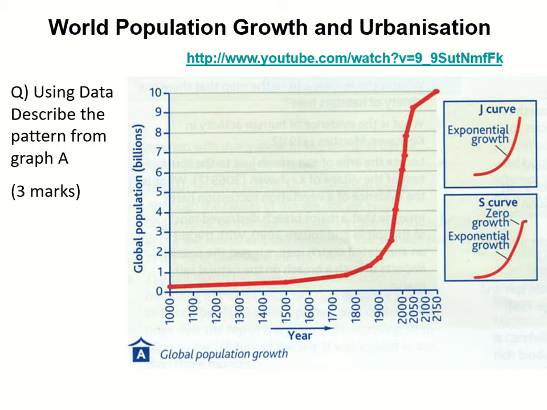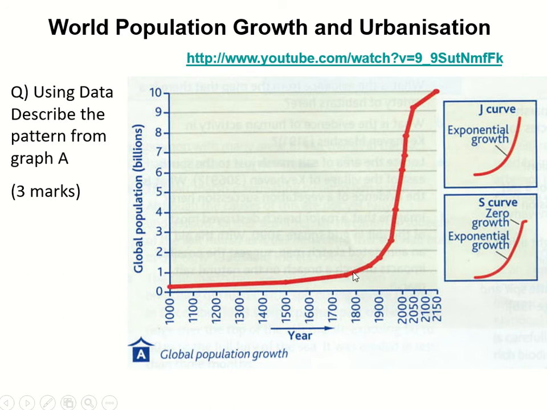Okay, so hopefully you pointed out that there was slow and steady growth from the year 1000 to the year 1500 of, let's say, 300 million to maybe 500 million. Then a slight increase in the rate from 1500 to 1750-ish up to nearly 1 billion.